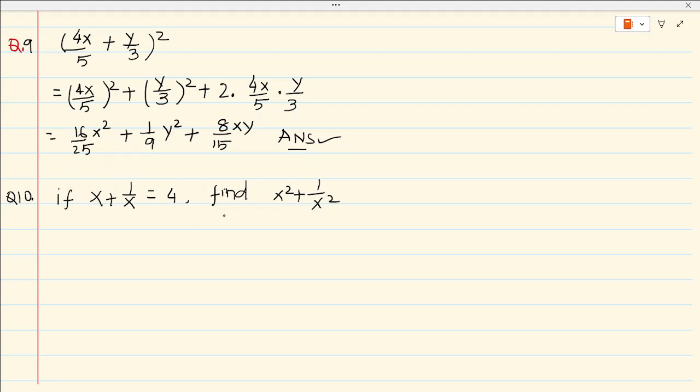Okay, we need to find the value of this. How will we find out the value? Simply, x plus 1 upon x, we will square the term on both sides, so it will become 4 square. It is given, so we can do it, squaring both sides.